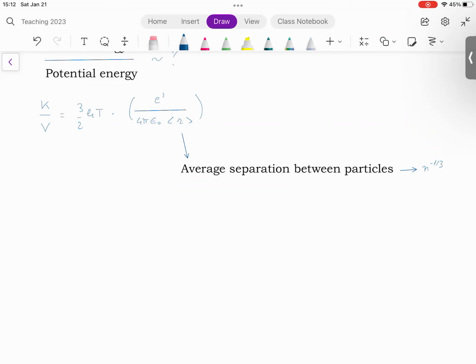So how many particles I have in a unit volume is going to be sort of the inverse, once I take the proper power, take it to the 1/3, of the average distance between particles.